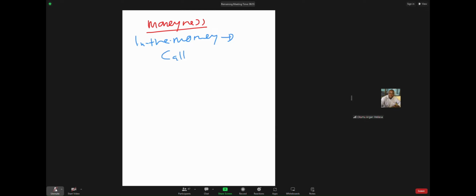Then it means for a call, ST is greater than X. And for a put, it means that ST is less than X, because you exercise a call when ST is greater, and you exercise the put when ST is less than X, because it's X minus ST. And for a call, it is ST minus X. So if this happens, then you are in the money.